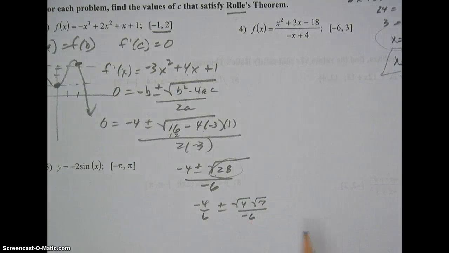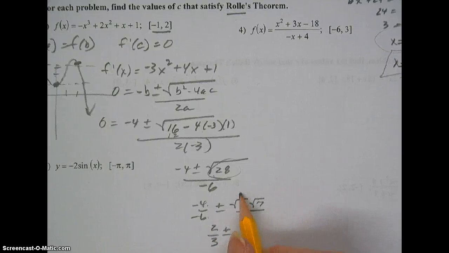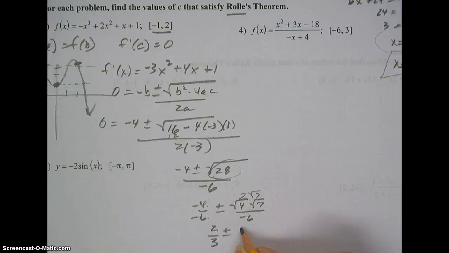How do we simplify this? -4 over -6 is 2/3 plus or minus. This becomes 2 square roots of 7 all over -6. So this would be plus or minus 2/6, which reduces to 1/3.